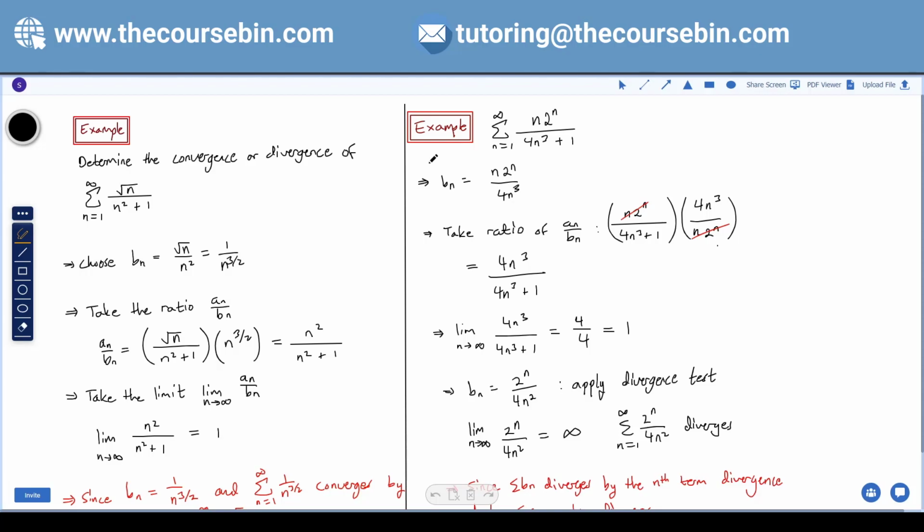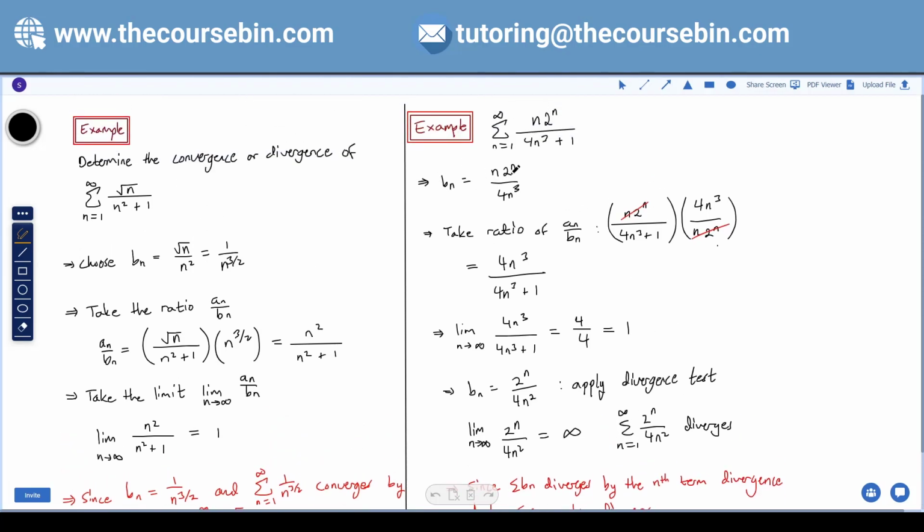And sometimes certain series can be solved using more than one test, so you can choose whichever one works or whichever one's best for you. And other times, you'll have to try out a few, because some of these tests might not yield anything. It might be inconclusive, so you might have to try another test that'll work.